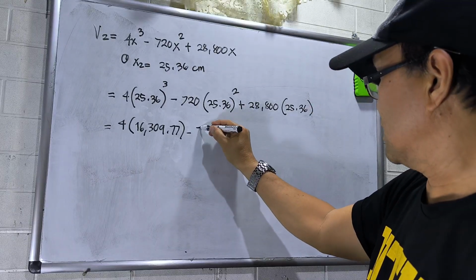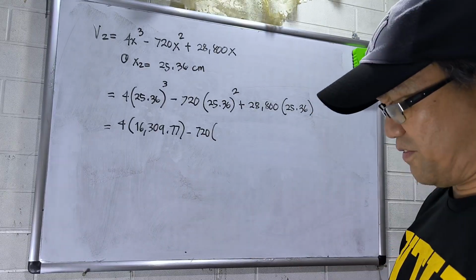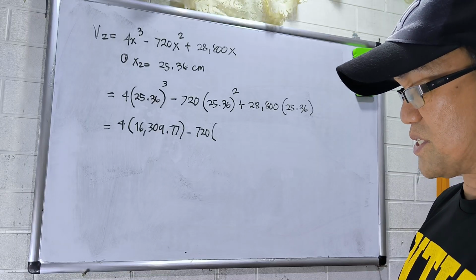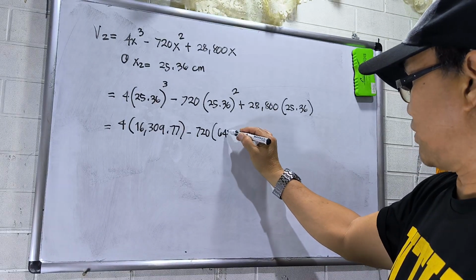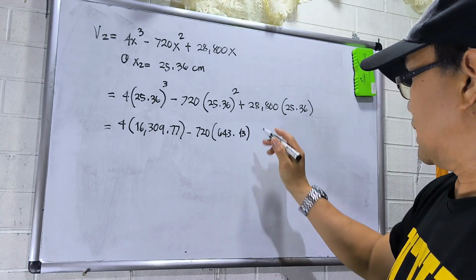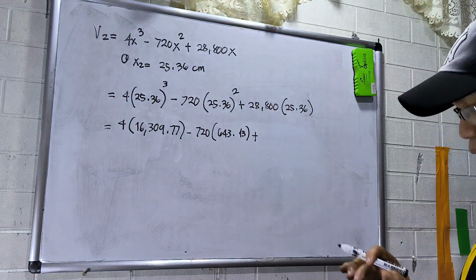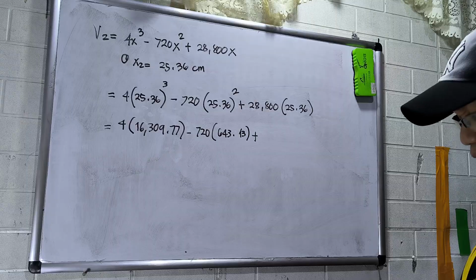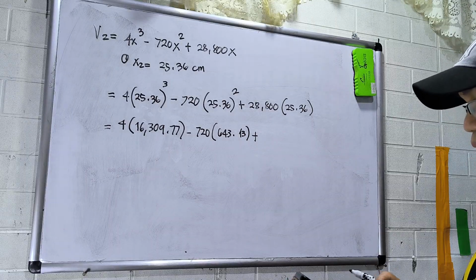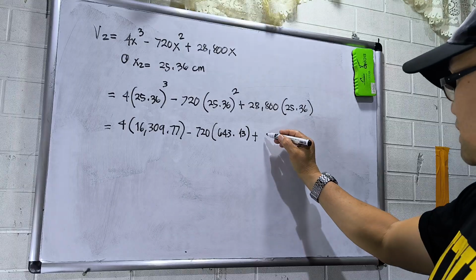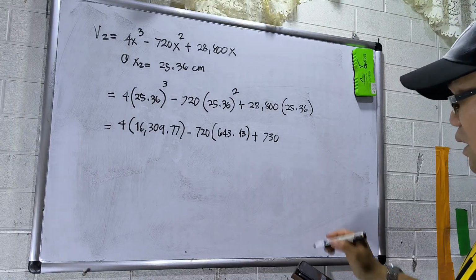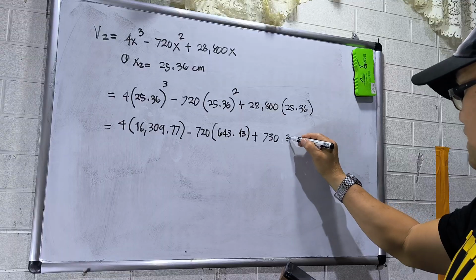Then minus 720 times 25.36 times 25.36. So this will be 643.13. Then plus 28,800 times 25.36. This will be 730,368.